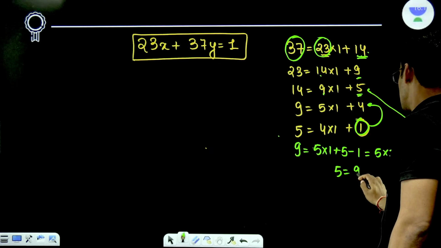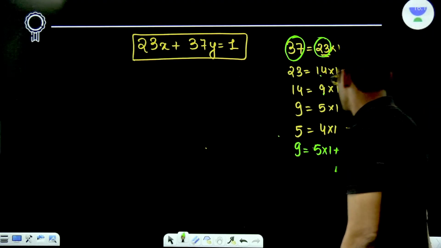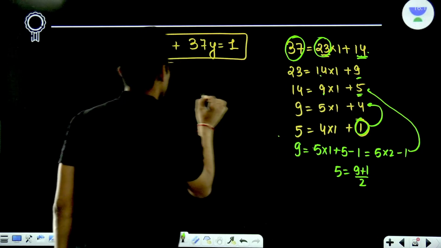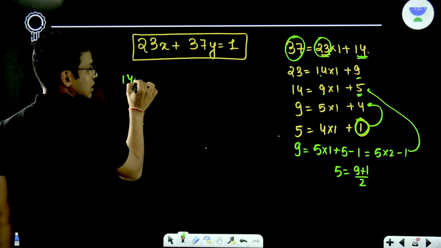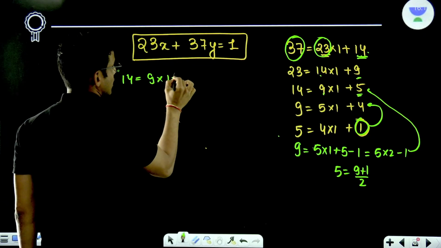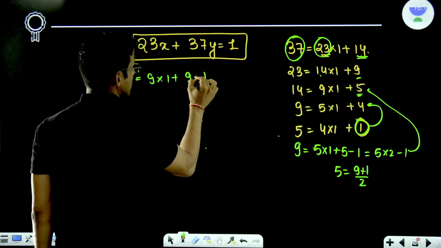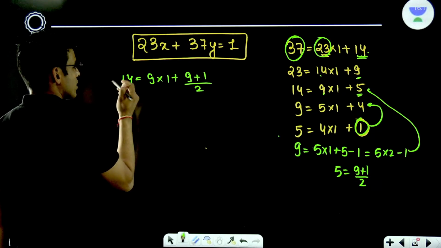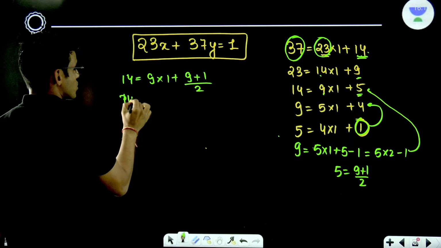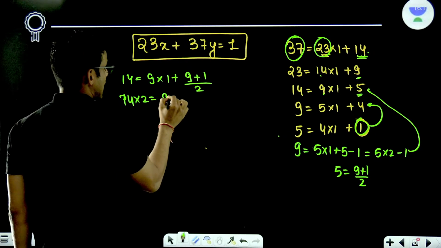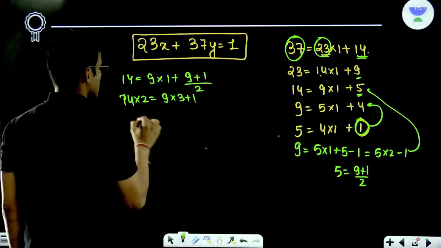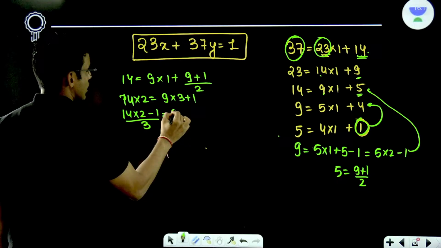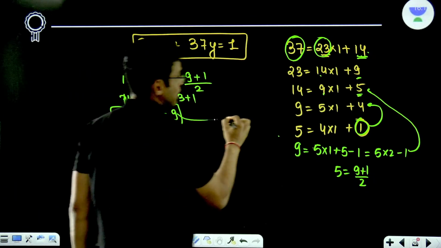5 becomes this. Now let's see the value of 14 times 1. From this equation you get the value of 5, 1 times 2 times 3. 9 becomes this; replace the value of 9.